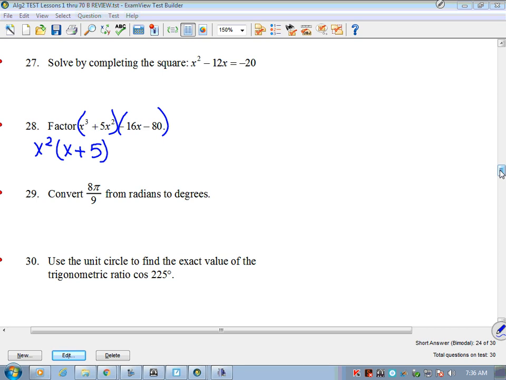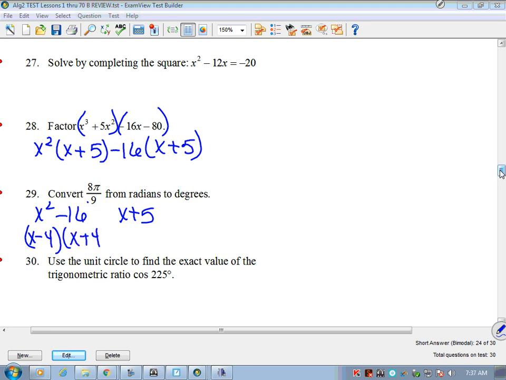So we're going to take out a negative 16. We're left with x plus 5 there. So I have x squared minus 16 and x plus 5. Looks like x squared minus 16 would be a difference of squares, x minus 4, x plus 4, and then I've got my x plus 5. So my factors there are x plus 5, x minus 4, x plus 4.